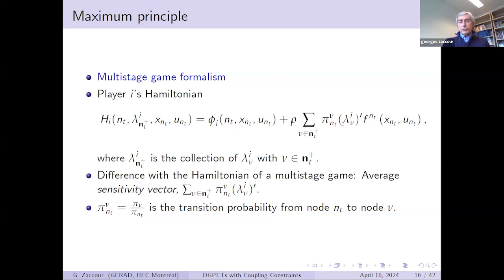This vector is different from the usual multi-stage game in the sense that it is an average sensitivity vector that we are considering here, where this pi nu nt is simply pi nu divided by nt, which gives you the transition probability from one node nt to a successor.